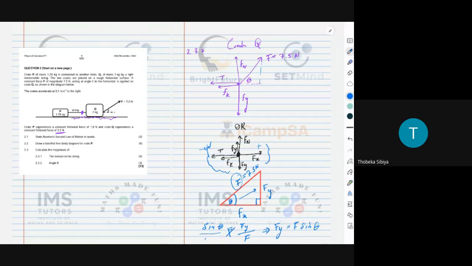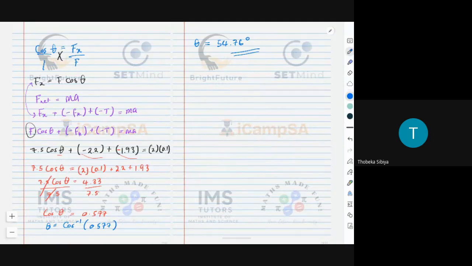Okay, let me look for this one question paper that I once took it through. I think it's from 2023. Let me just get it quickly so that we make sure that we understand everything. So this is November.